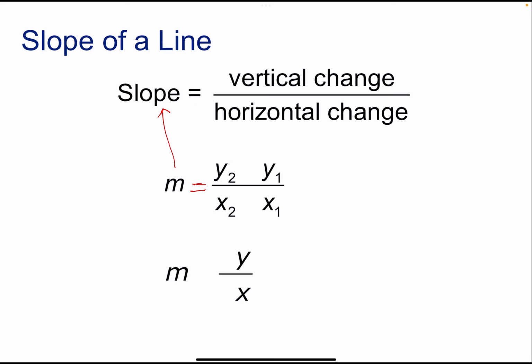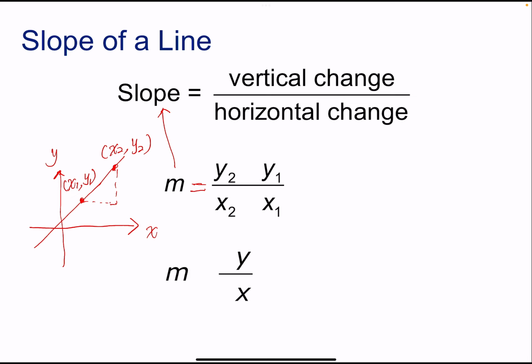Let's see, we have a line, with x coordinate and y coordinate. We have 1 point here and 1 point here. This point has coordinates (x1, y1), and this point has coordinates (x2, y2). To find the slope, you find the change in y and the change in x, and take the ratio.